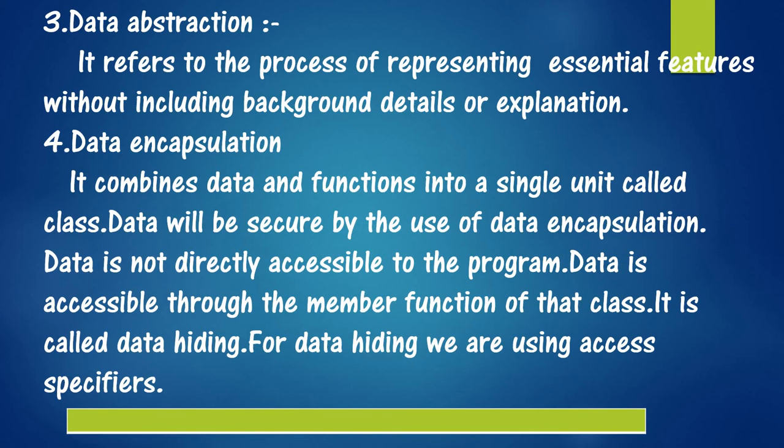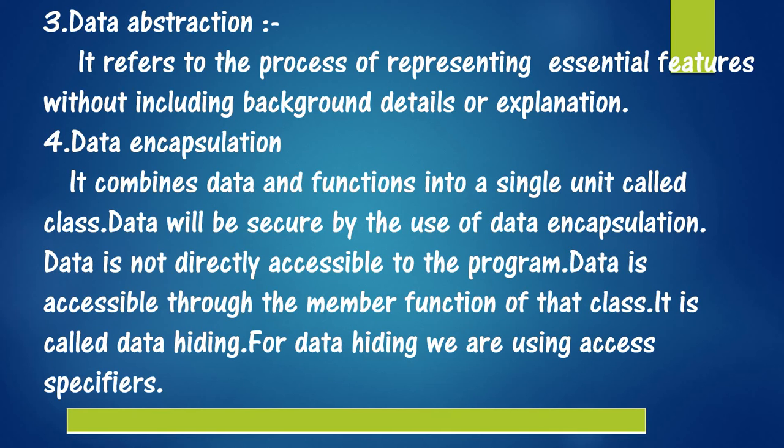This security is provided using access specifiers. In next year you will learn about the access specifiers in detail. Access specifiers are private, public, protected. Private means it is only for that class. Public means outsiders also can access. Like that we can give some security to each data.